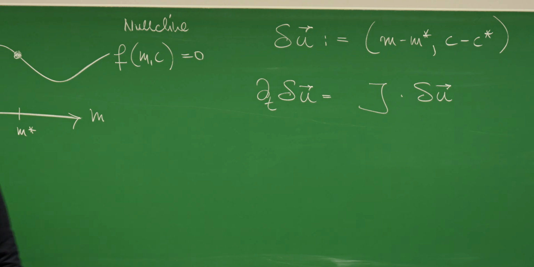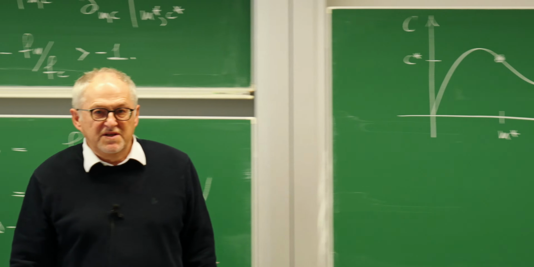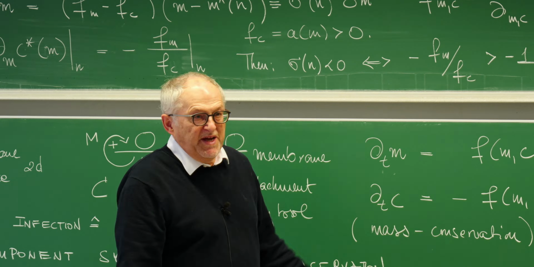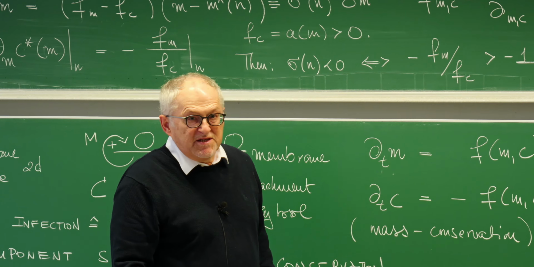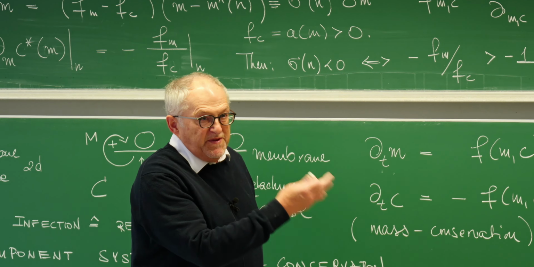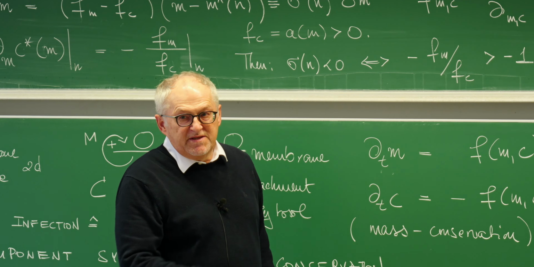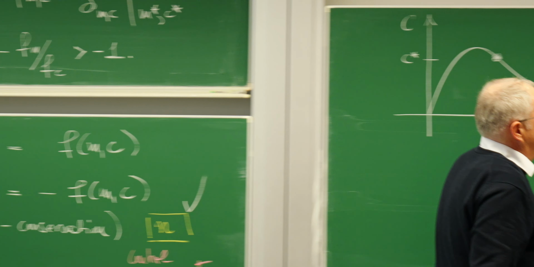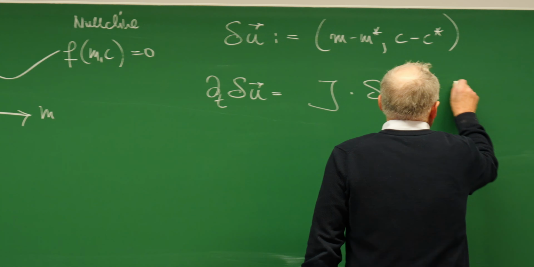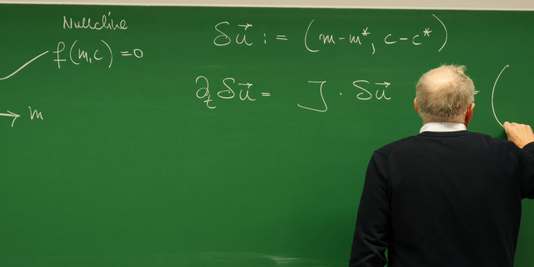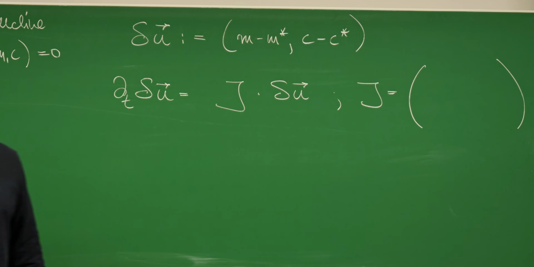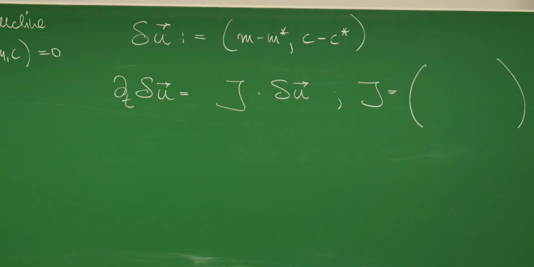And that, of course, you know from your course in multidimensional analysis, as you do a Taylor expansion around a point that is an extremum, which we have here. The first non-trivial term is the Jacobian times the deviation. And the Jacobian is the matrix composed of all the partial derivatives of your function with respect to your variables, evaluated at the fixed point.